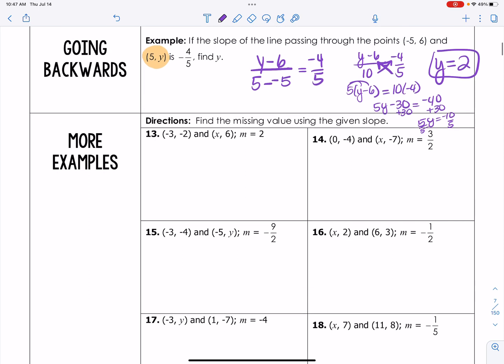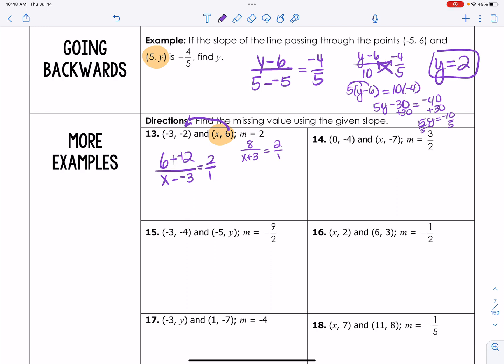Okay, so we're just doing what we've done in the past, and we're cross multiplying. I like to start with the x, because then when you distribute, it's not negative. So if I started with the x, you're going to do the 6 on the top, 6 minus negative 2 over x minus negative 3 equals 2, right? And you can make that 2 over 1 if that helps. Minus a negative as a plus, so I'd have 8 over x plus 3 equals 2 over 1.